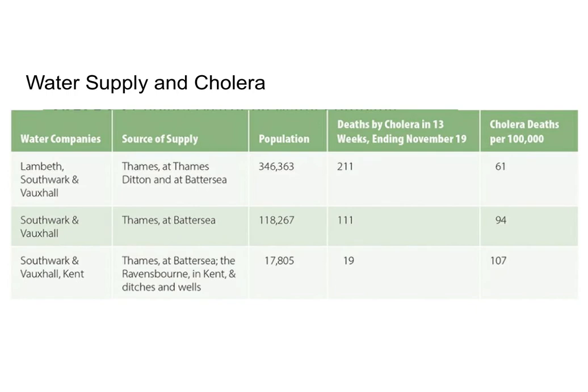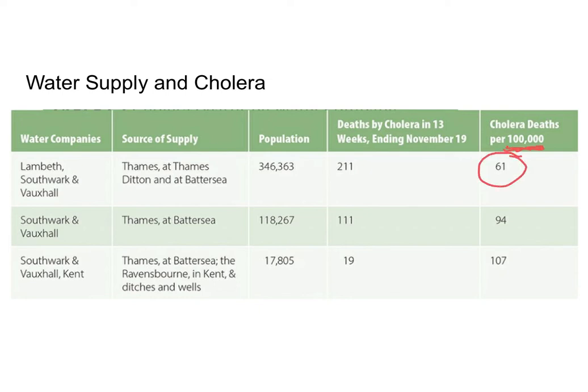John Snow also pioneered the comparison of rates. So look at the water companies. If it was Lambeth, Southwark, and Vauxhall, sorry if I'm mispronouncing it, these three water companies giving the water, and there were sources at the Thames, Battersea, rivers or creeks, this was the death rate per 100,000.